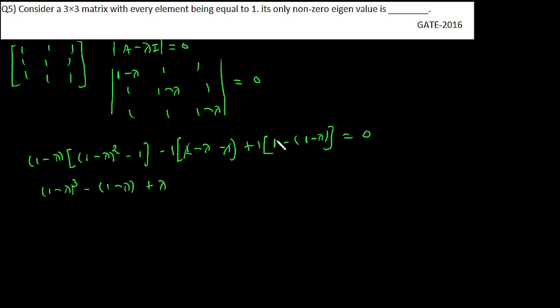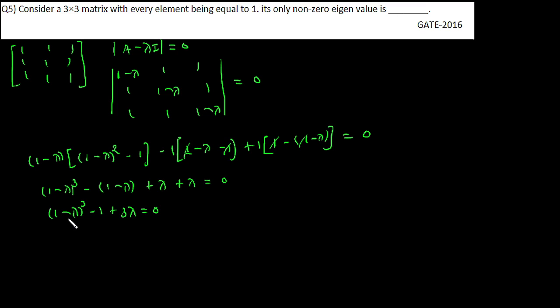Here again this 1 cancels with this minus 1, and we are getting again plus lambda, equal to 0. So let's do further simplification. (1 minus lambda) cube, here minus 1, here again we are getting plus lambda, so we are getting plus 3 lambda, add this 3, equal to 0.